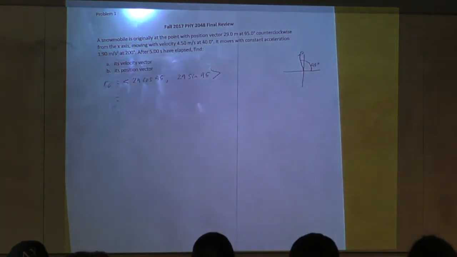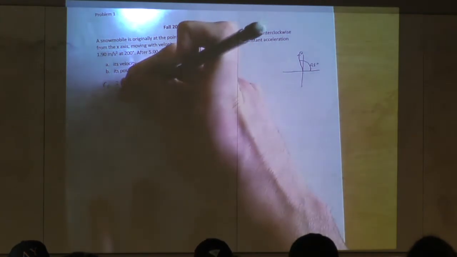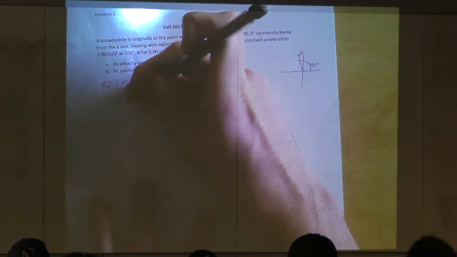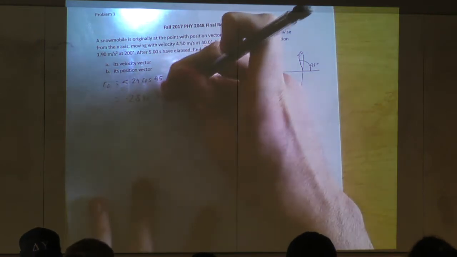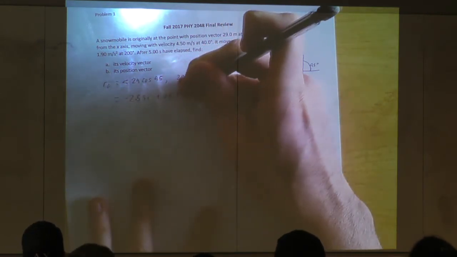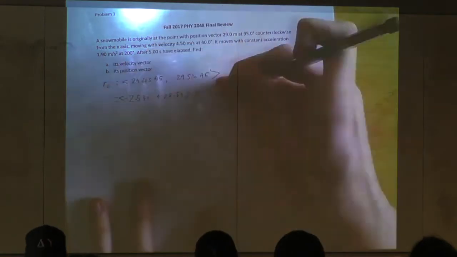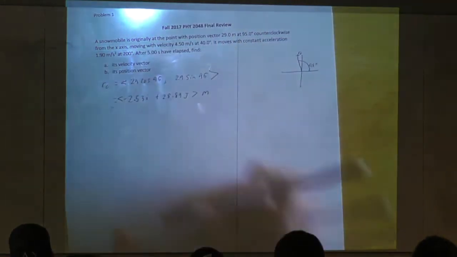Then we break that down, get the numbers, and since it's a position vector, our units are meters.